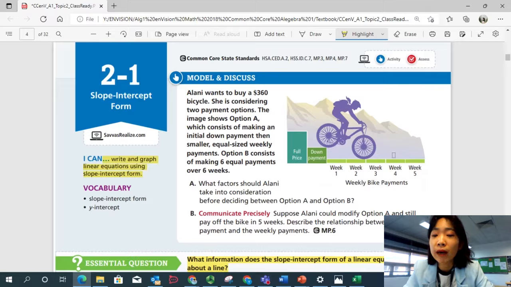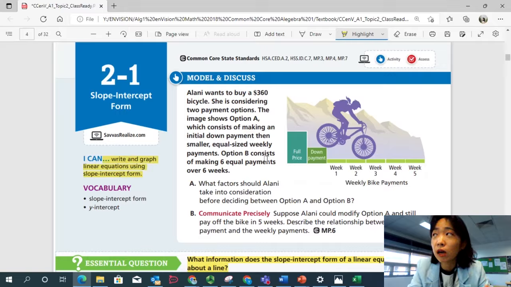So maybe you pay half, and then you pay the rest of it in small increments over time. So you don't know how much down payment is and how much you're gonna pay for the weeks, but that's the idea, okay?